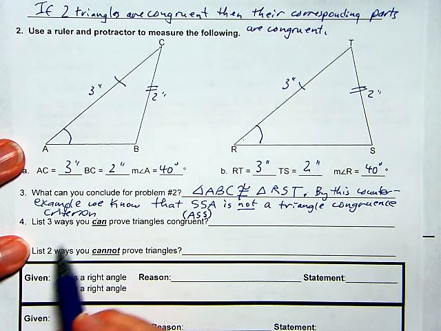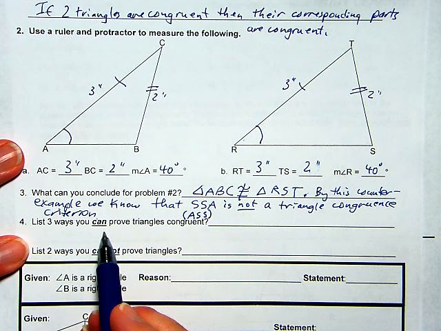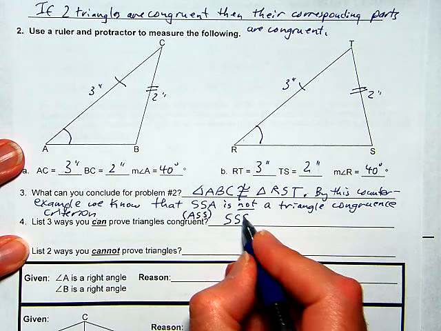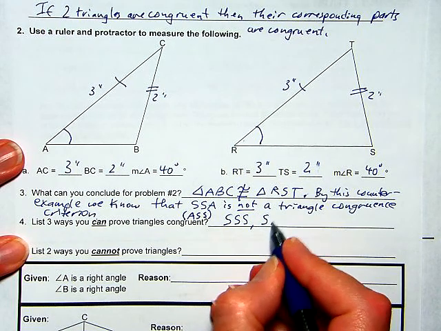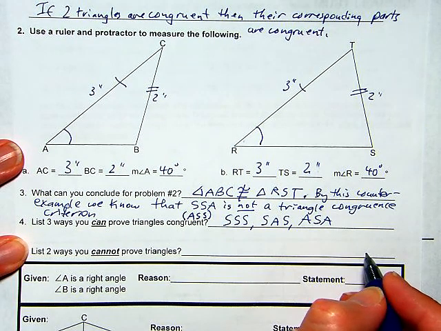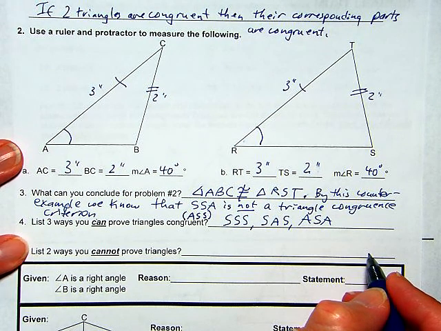Okay, so list 3 ways you can prove triangles congruent. Let's review our criteria. We've got side, side, side. We've got side, angle, side. And we've got angle, side, angle. Those are some of the ways that we can prove triangles are congruent.